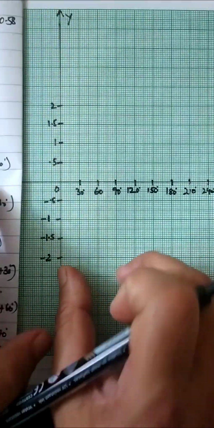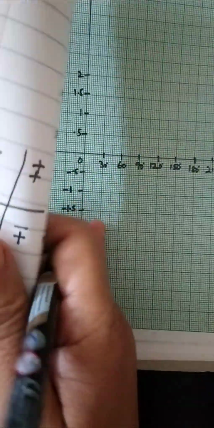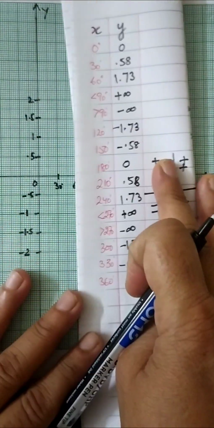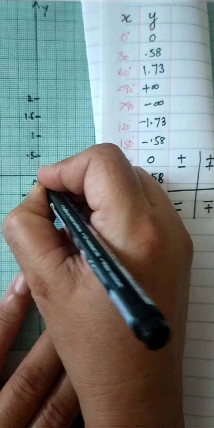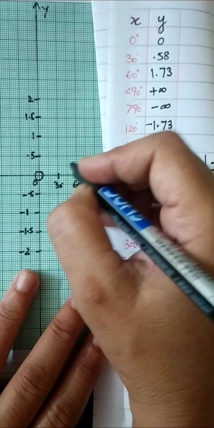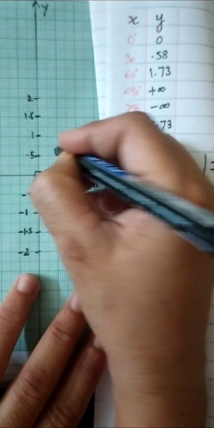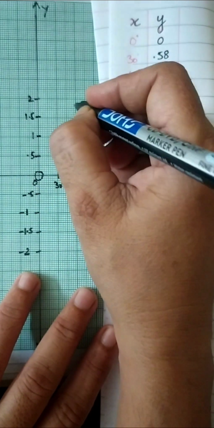So let me plot it. So here when x is 0, y is 0. When x is 30 degree, it is 0.58, very close to 0.6 you can say. When x is 60 degree, it is 1.73.